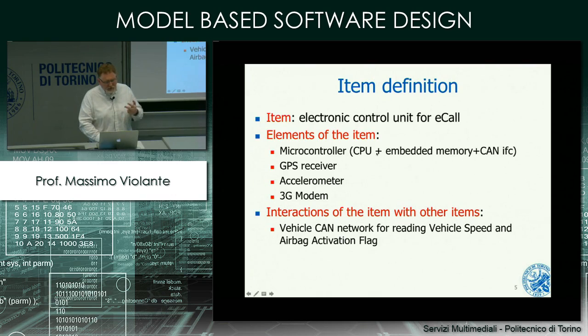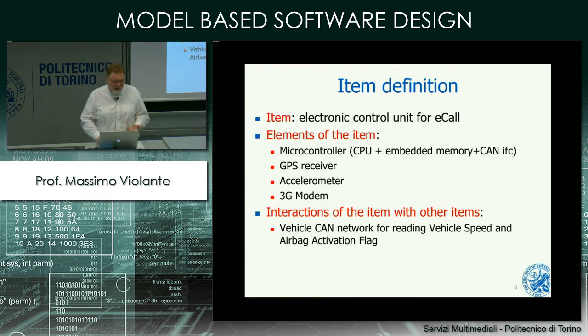So we have the CPU, the embedded memory, and the CAN interface, everything in a single component, according to what we just said. Then we have, as a separate component, integrated on the same electronic control unit, but most likely implemented by a different device than the microcontroller, the GPS. Then we have the accelerometer and the 3G modem. So our item integrates all these elements.